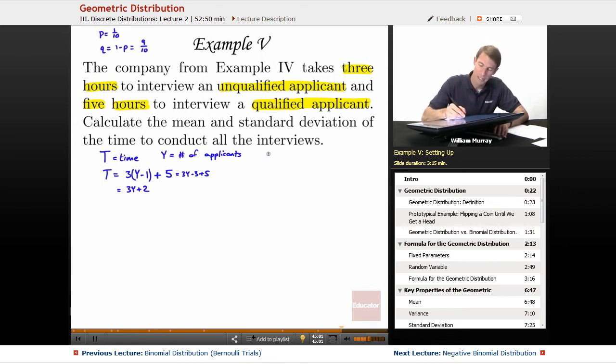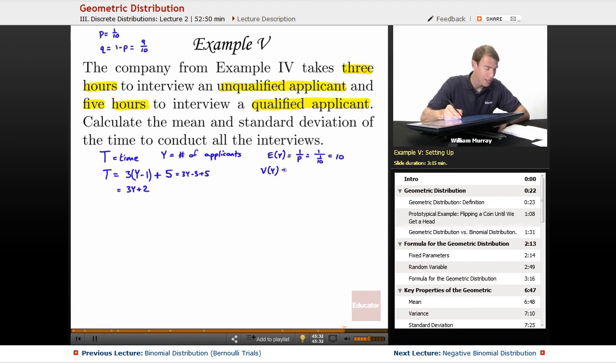And now our expected value of Y, what we learned at the beginning of this lecture is that it's always 1 over P. So in this case, it's 1 over 1/10, which is just 10. And let me go ahead and find the variance of Y, because that's going to be useful as a stepping stone to finding the standard deviation.